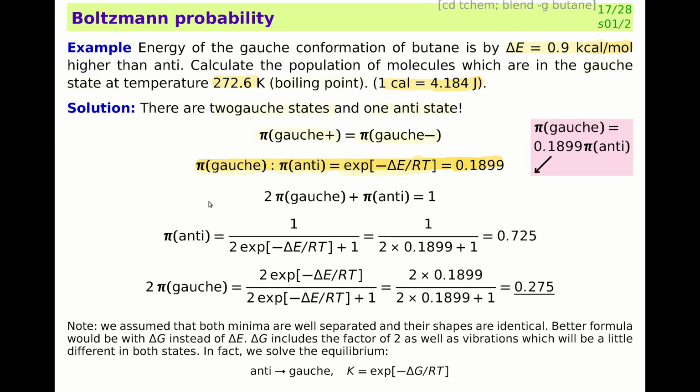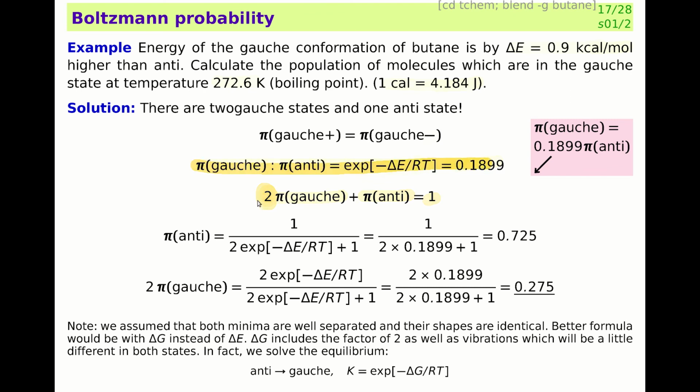And the second equation is that the sum of all probabilities is unity. That is, twice the probability of a gauche state plus the probability of the anti-state is unity. Remember that you must account for the number of states, the degeneracy. It's called the degeneracy of such a state or level. And from this we can calculate the probabilities.